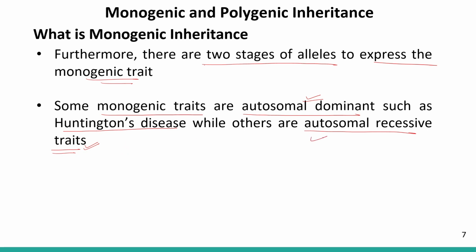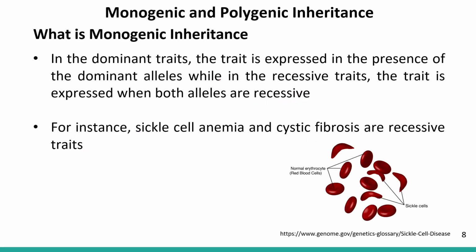That is called autosomal recessive. And if any of the alleles is a dominant allele for a gene, then that will be called autosomal dominant. So the dominant trait is expressed in the presence of a dominant allele, right? One of the alleles should be dominant, while for the recessive trait, the trait is expressed when both the alleles are recessive.